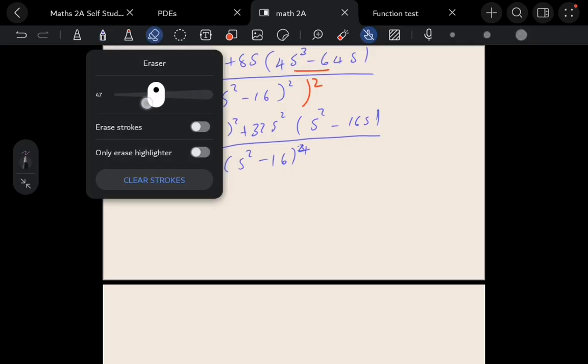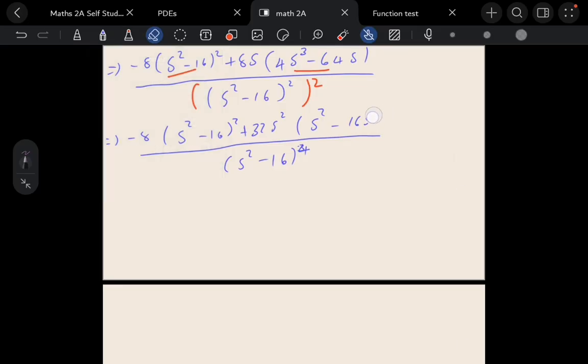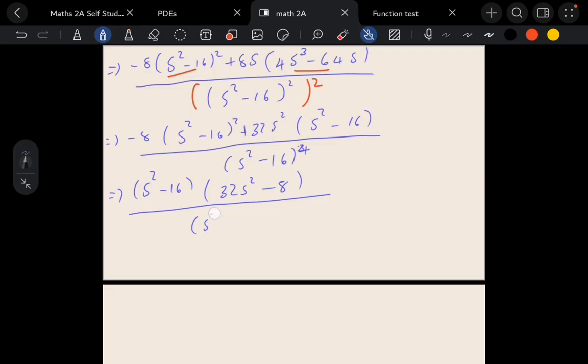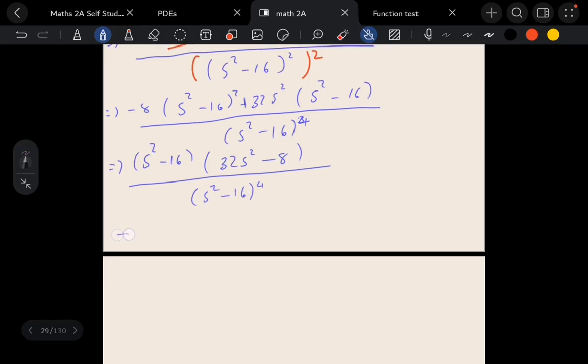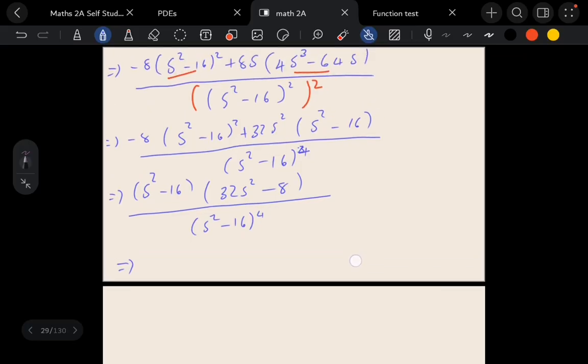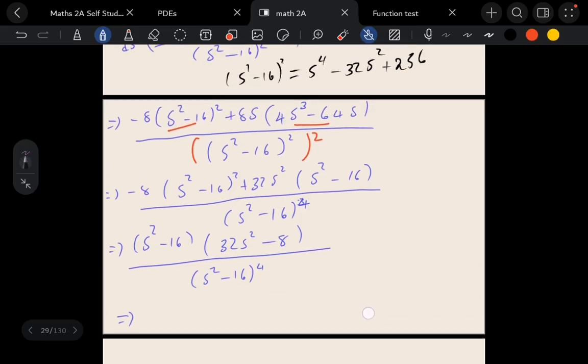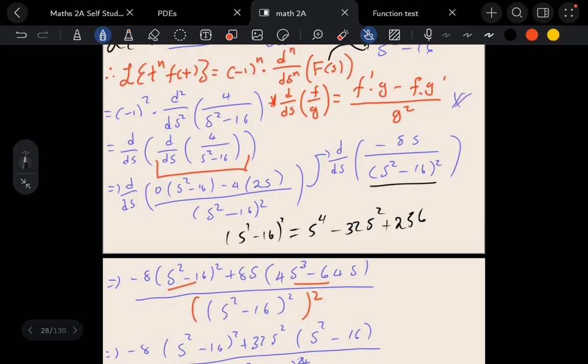Take out the highest common factor of s squared minus 16. Let me just cancel this part. Like that, yes. So if you take out the highest common factor, I'm going to have s squared minus 16 in bracket 32s squared minus 8, all divided by s squared minus 16 all to the power 4. So when you simplify this, your final answer should be, where did I miss the sign?